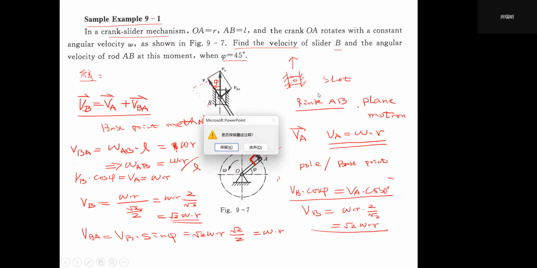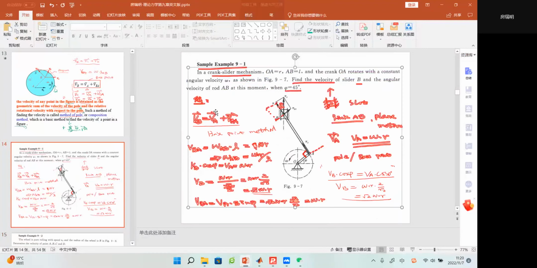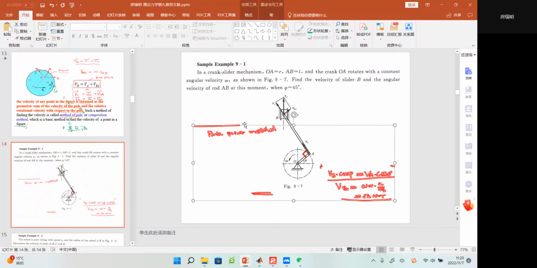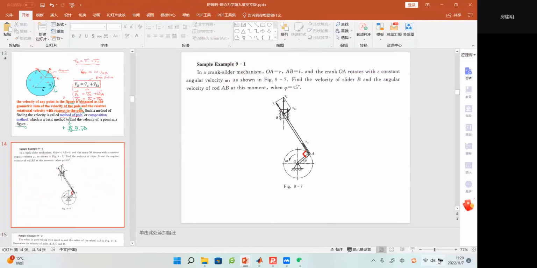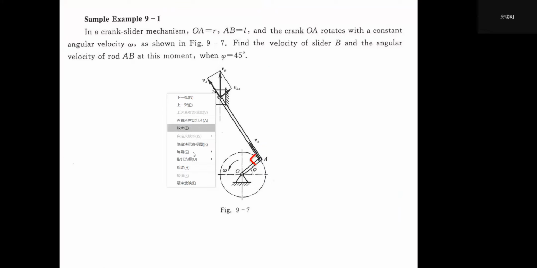I can just erase everything I have right here, and we should analyze together again, right? So here you guys can just follow me and take a look at this. This is a sample example in our textbook. So maybe you guys can go back to that textbook to read it again after our class. I hope you guys can understand my explanation.